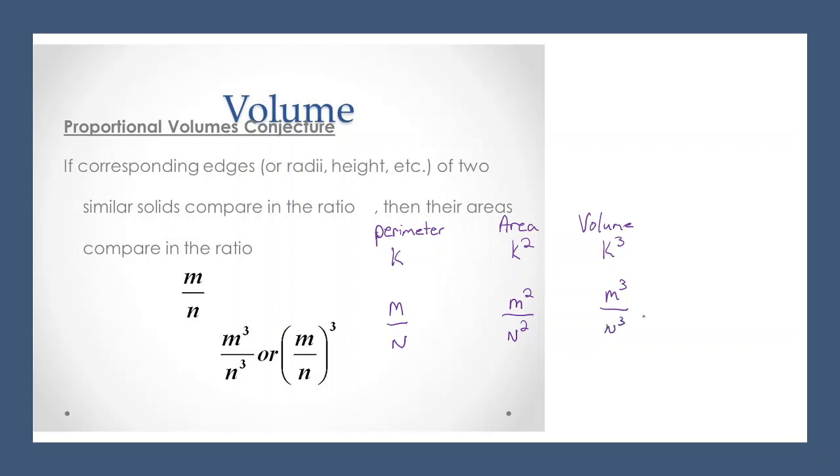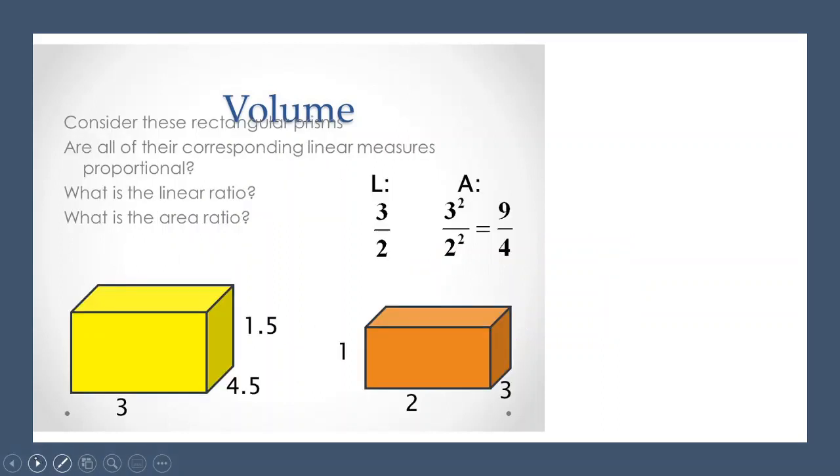Now, a problem area is please make sure that when you are cubing, you're cubing K. Don't cube the area. Okay, cube K. All right. So here we've got a problem we would like to work on. I've got a couple of cubes here, and I'd just like us to take a look.